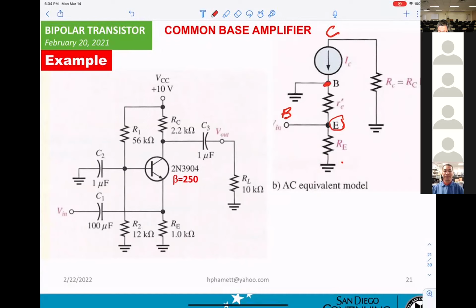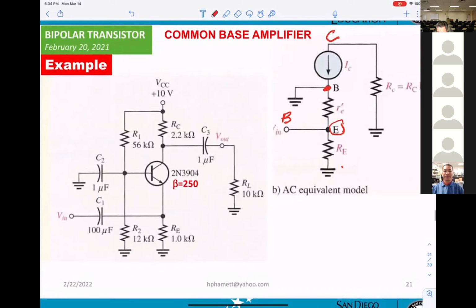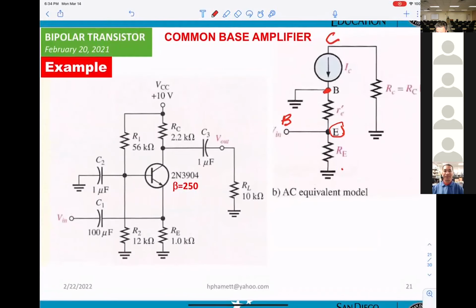That will be telling you RC parallel with RL. Now, RC parallel with RL.